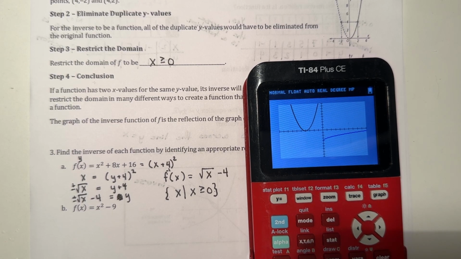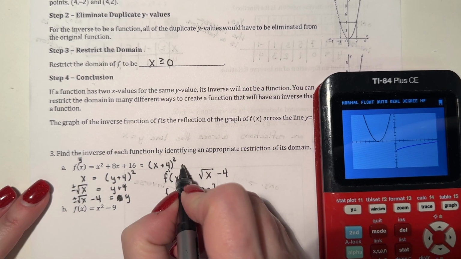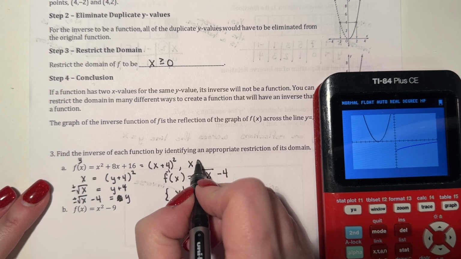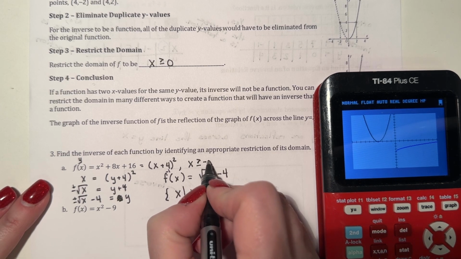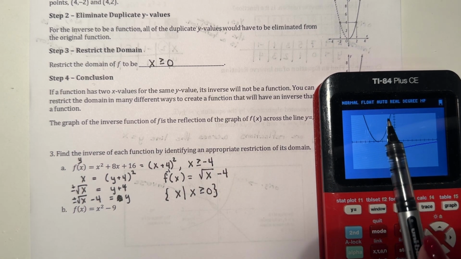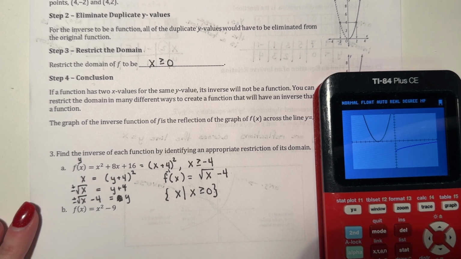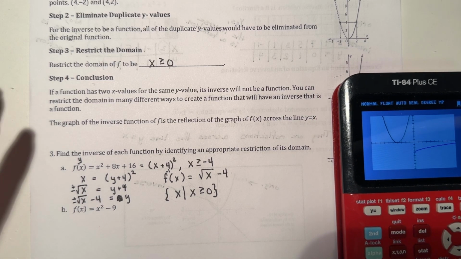So those are going to be our restricted values. So when we're looking at this graph, when we're doing this side of the equation, we want to make sure that x is greater than or equal to -4. That will prevent this half of the graph from happening. Over here, we just need to make sure that we use the values of x that are greater than 0. So a little bit of restrictions there.